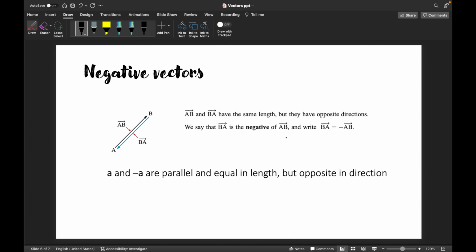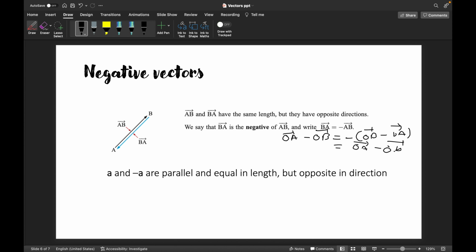But I'll just tell you how this works. So this is OA minus OB. This would be minus of, this would be OB minus OA. This would be OA minus OB.